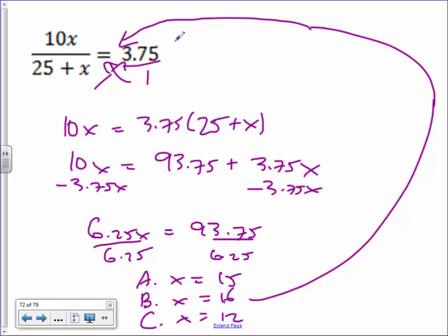Have I ever talked to you guys about guessing and checking? You totally could do that if it's multiple choice, just to check your work. So 15 times 10 over 25 plus 15. See what that actually does equal, 375? If you have time, you could check.